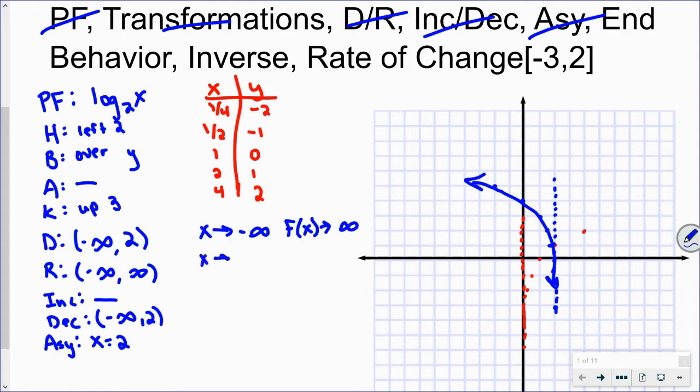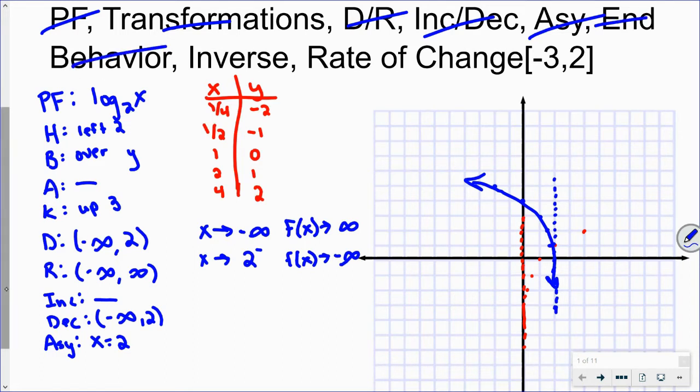As x goes to 2, and it's actually going to 2 from the left, so we put a little negative sign up here. Because I can't go to 2 from the right, as x goes to 2 from the left, your f of x goes to negative infinity. It's going down. Okay, so there's our end behavior.